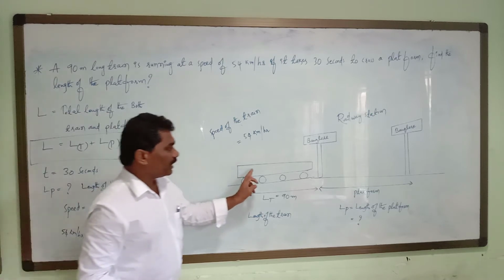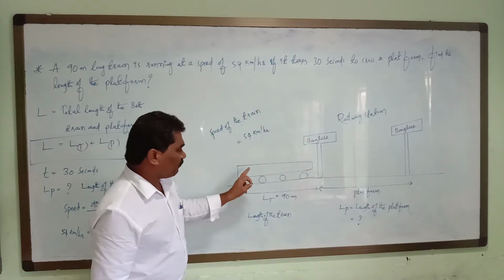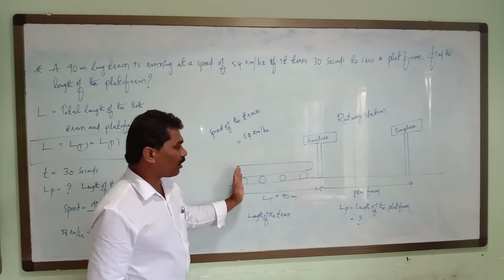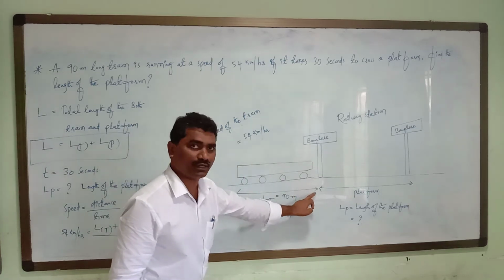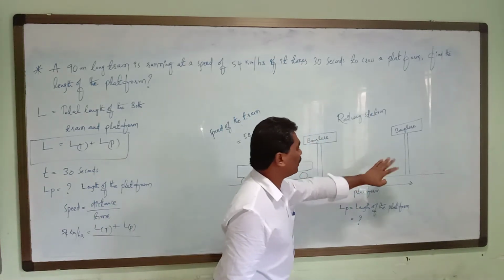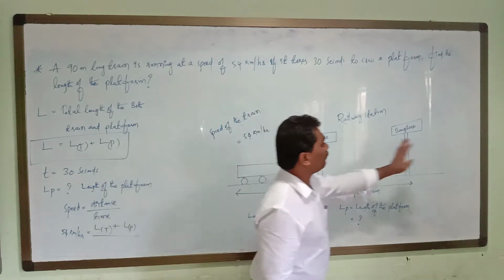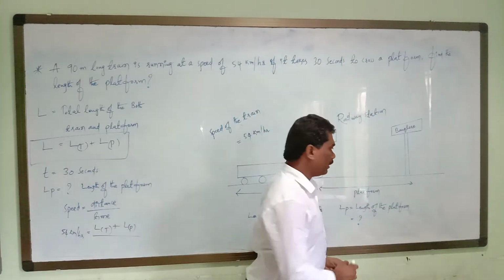Here you see, to cross the railway station platform, first of all this train has to cross its own length, that is 90 meters, and then it should cross the railway station platform. Then only this train can come to this position.